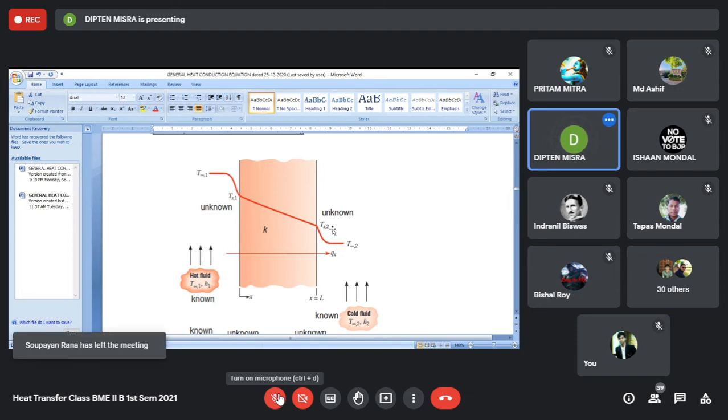Same is true in the hot climatic condition. If we want to design a room where the climatic condition is hotter, suppose the outside temperature is continuously around 35, 40, and we want to maintain a comfortable temperature inside the room, say 22, 23, 24.